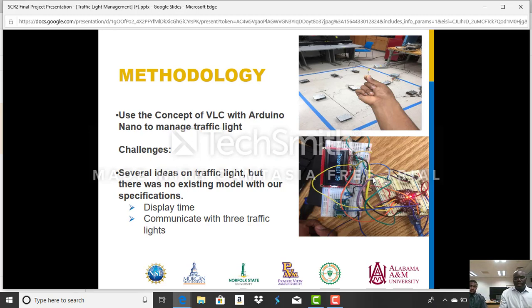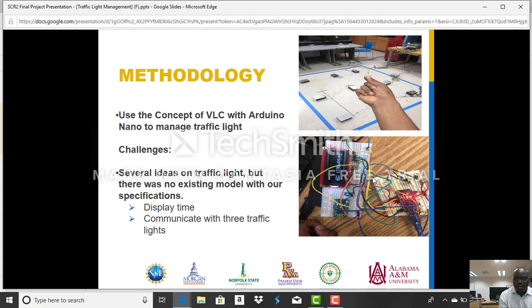So we are going to apply the concept of visible light with the Arduino platform, particularly Arduino Nano, to manage our traffic system. We did a lot of research on VLC and how it is used with the traffic light. There are several identical models out there, but none of them had the specifications that we were required to have in our system.